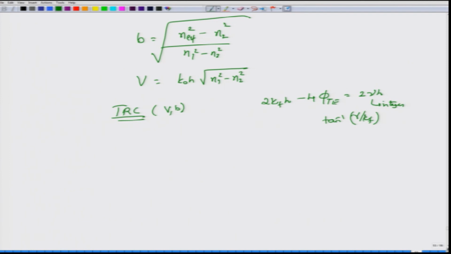So, with the help of V and B, you can transform the TRC equation, which depended on gamma and kappa f, into an equation dependent only on V and B. The universal graphs that you can plot mean that you do not need to worry about which waveguide you are calculating. You can calculate this in normalized form and then apply it for your waveguide. You can actually scale these values.